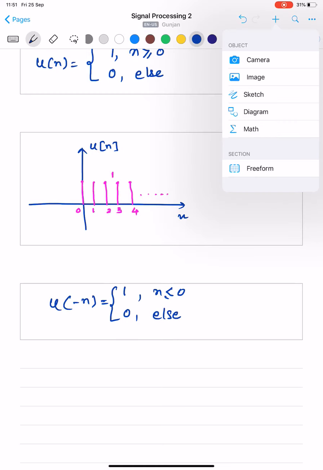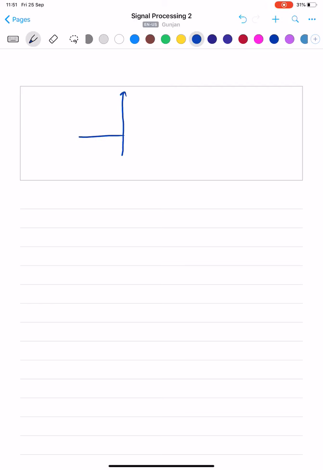So if you sketch it, then it will be n versus u of minus n, and these are points -1, -2, -3 and so on.